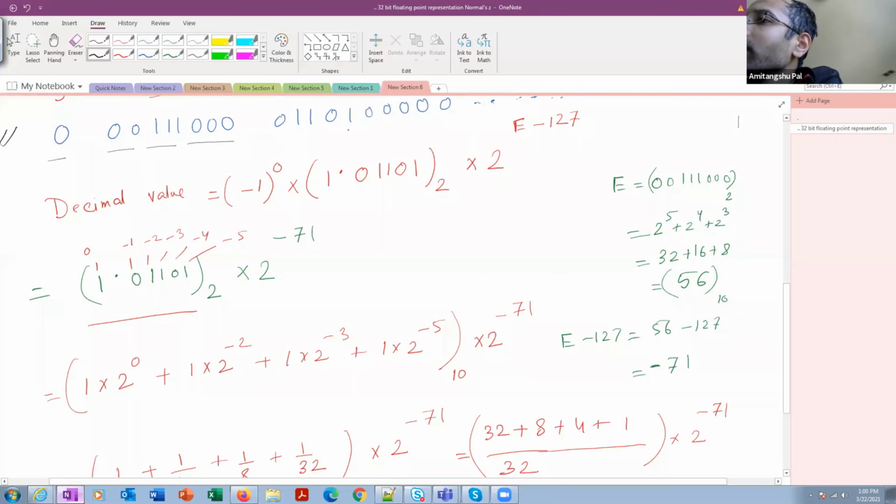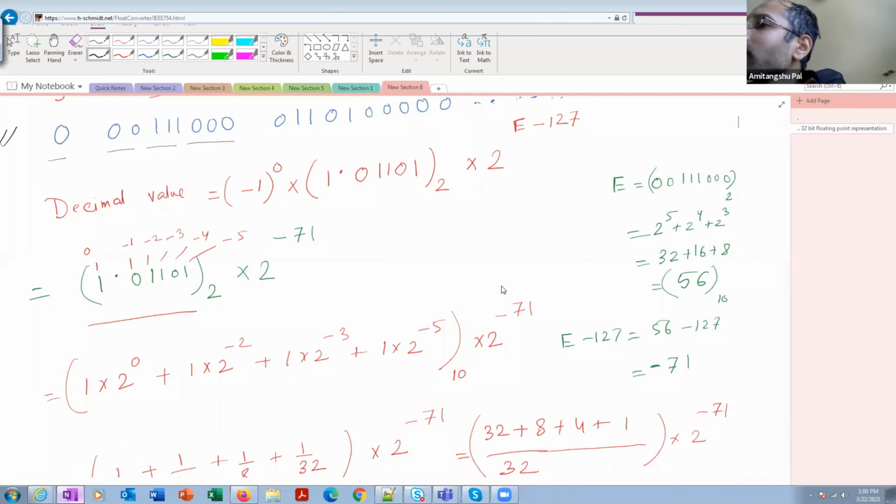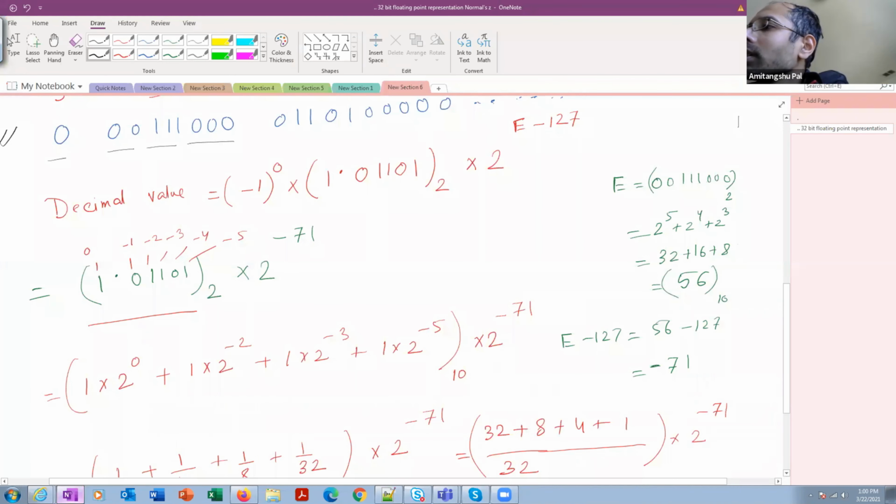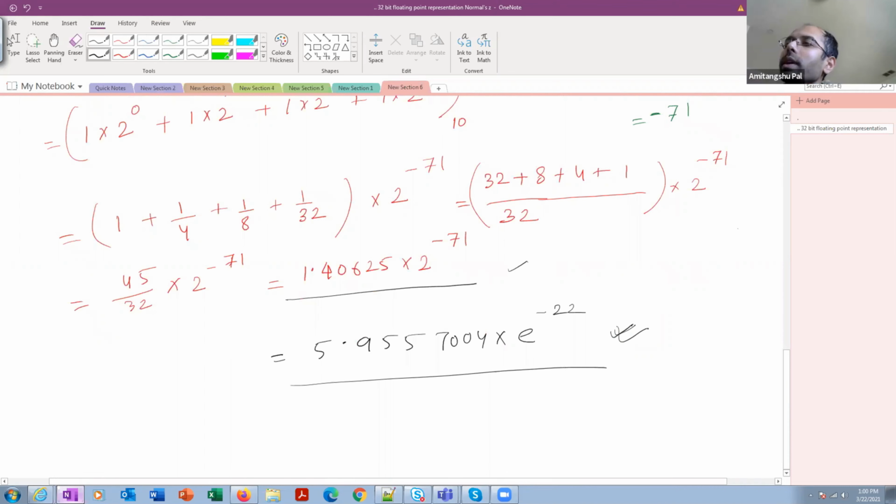So from this converter, you can see that the value that I have obtained, if I convert it back to the corresponding binary representation, I'm exactly getting the same number. That shows that my calculation is correct. So in this way, we can convert from a binary floating point number to its corresponding decimal value.